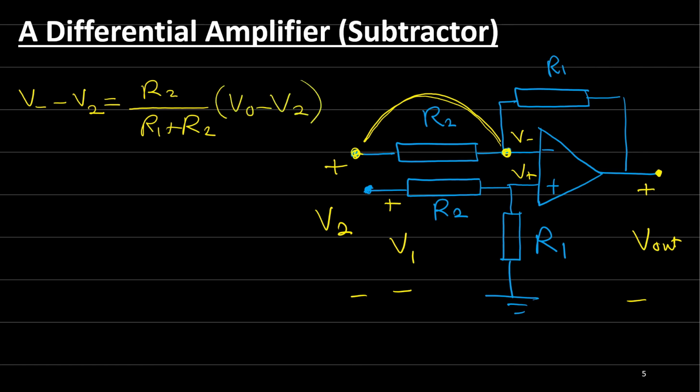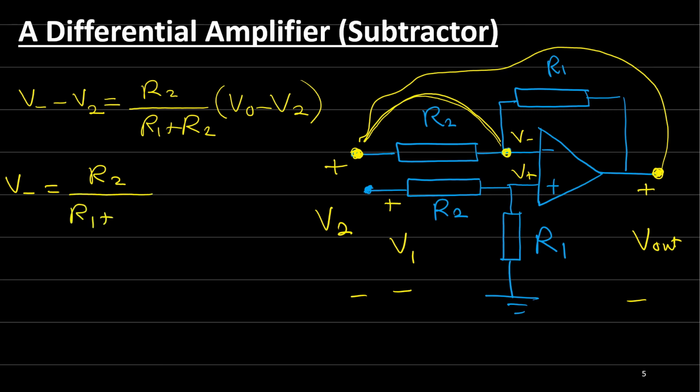Where V out minus V2 is the voltage applied on the whole branch here. Clear? From this equation we can say that V minus equals R2 over R1 plus R2 times V out minus V2, all plus V2.